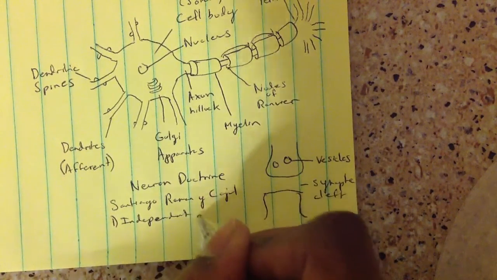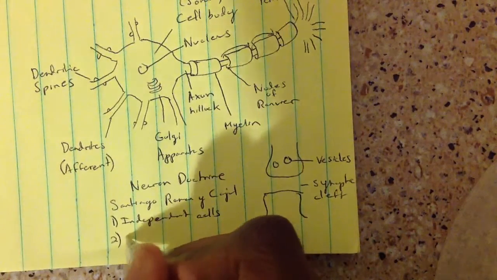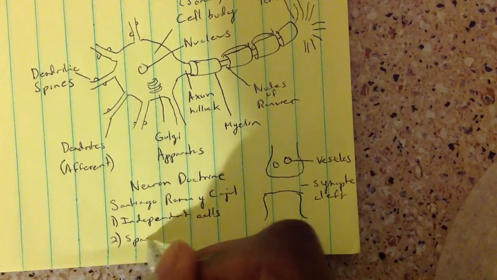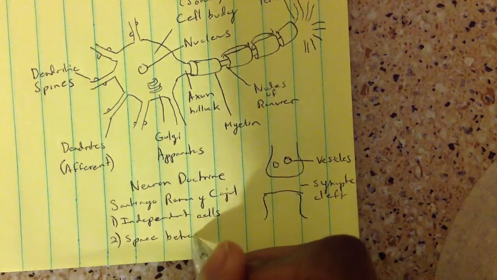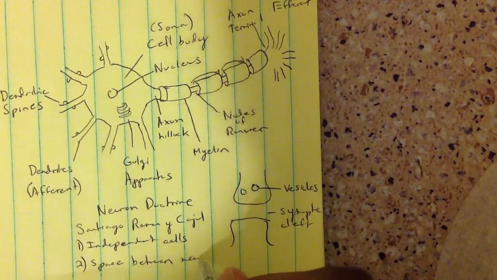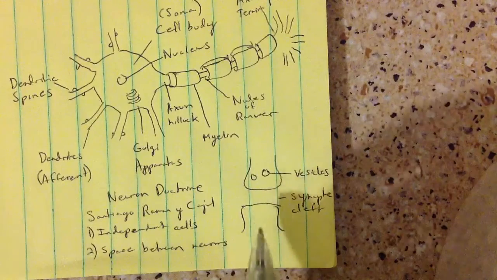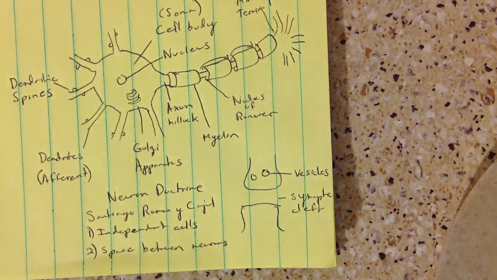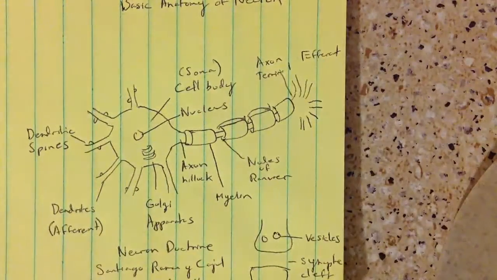And the second is that there's a space between neurons where the charge passes through. So those are the two main points of the neuron doctrine, and this is just the basic anatomy of the neuron.